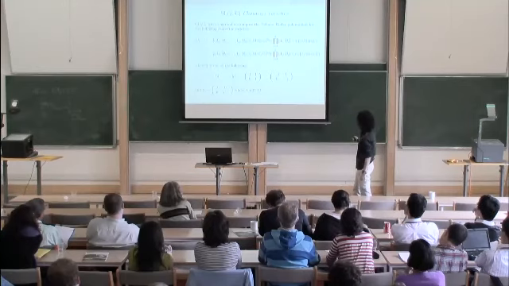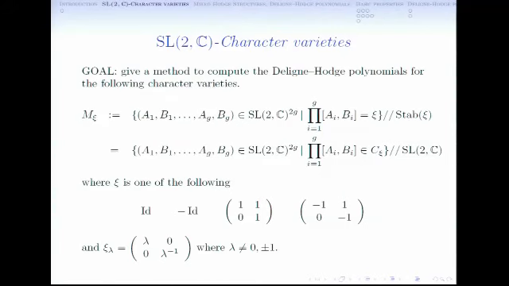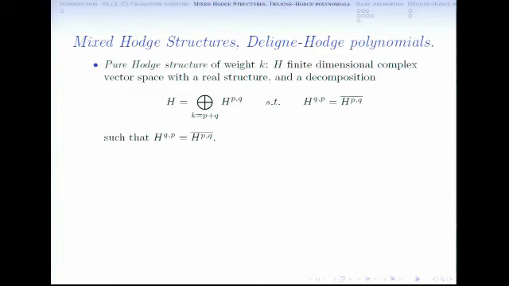So C will be the identity, minus the identity, the Jordan forms, or the diagonal ones. In this case, when we fix it to be minus the identity, we get the twisted character varieties computed by Hausel, and when we go for the diagonal case, it corresponds to the parabolic character varieties.